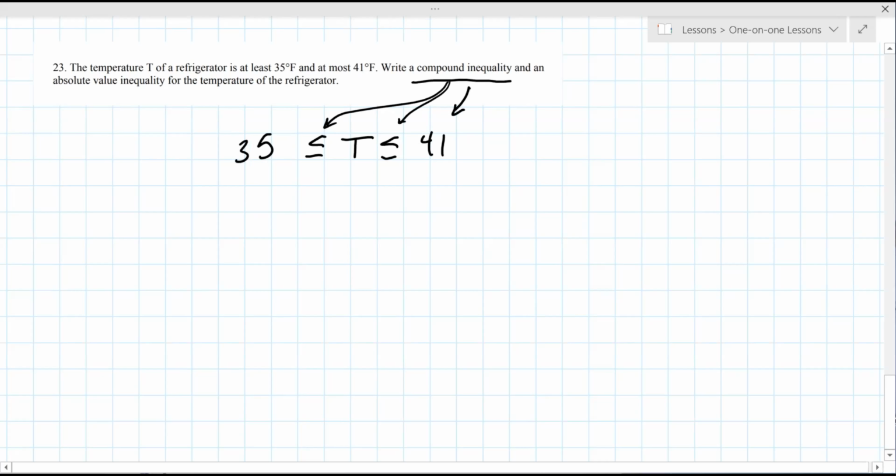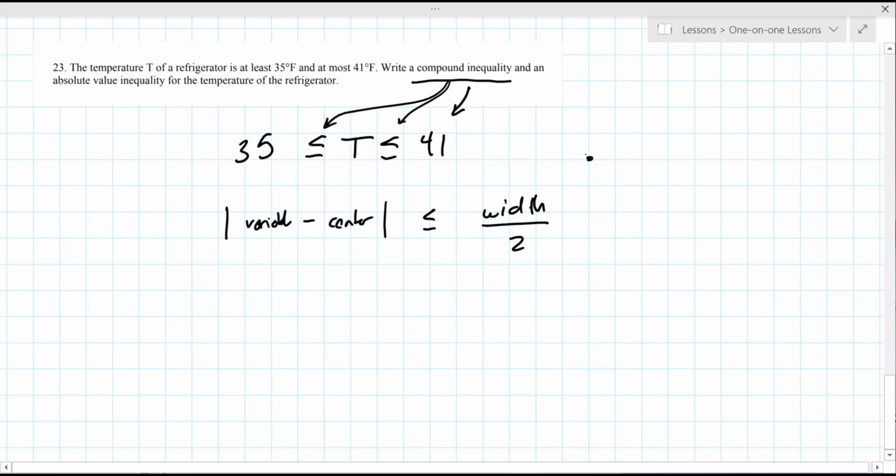The absolute value is a little bit more difficult. It's the absolute value of your variable minus the center is less than or equal to the width divided by 2. And this looks really complicated until we put some numbers in here.